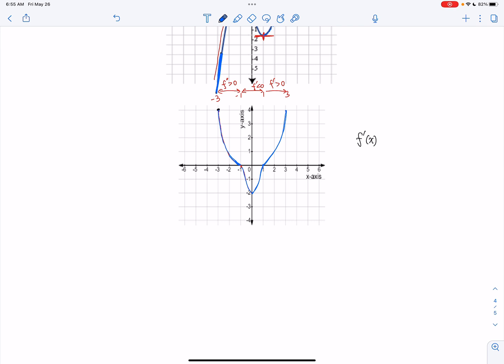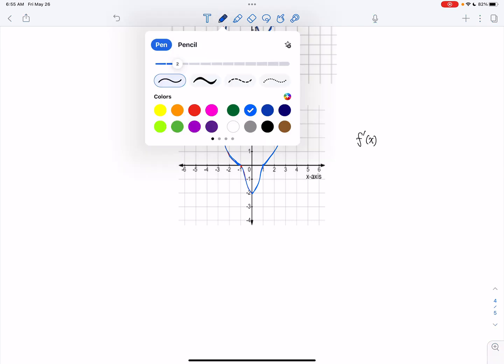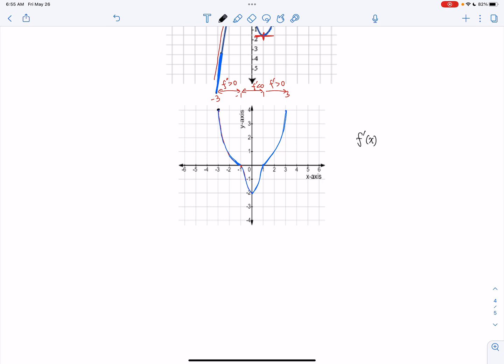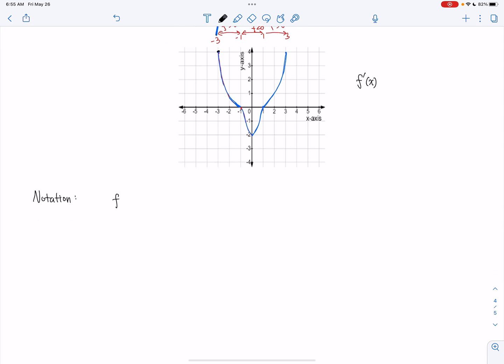And next, I want to give you some new names for the derivative, some new notations for derivative. We used to say it's going to be f'(x), right? This is the derivative of the function.